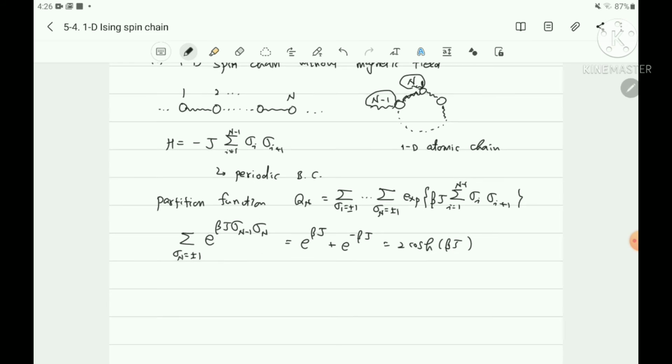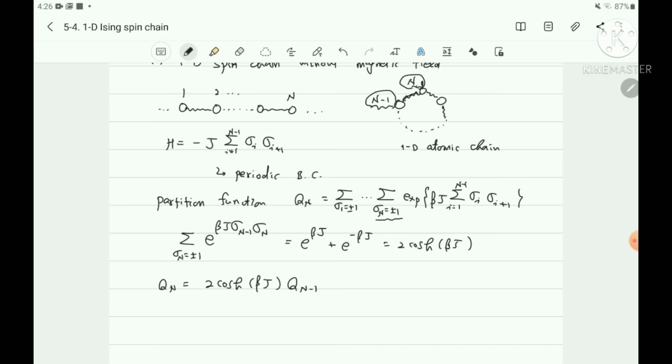Therefore, for the partition function Qn, we only consider the sum over sigma n in this case. The sigma n contribution is 2 hyperbolic cosine beta J, and the other remaining term is the partition function for n-1.